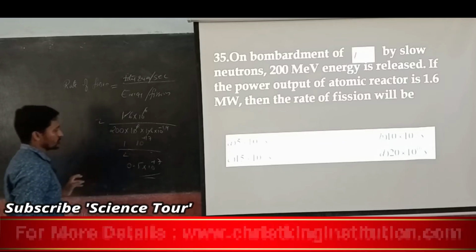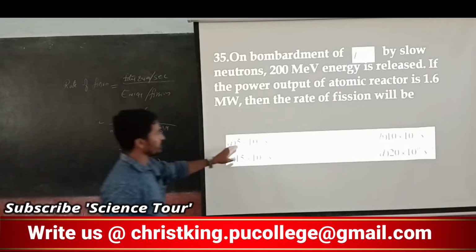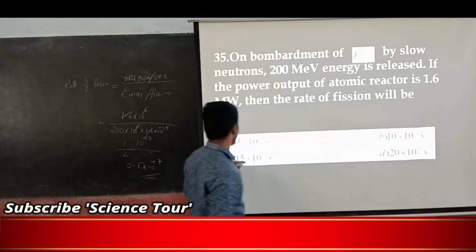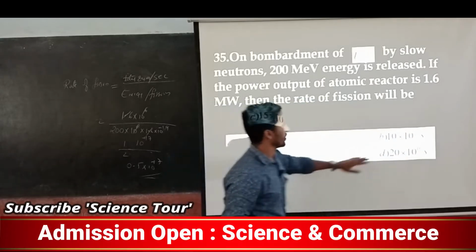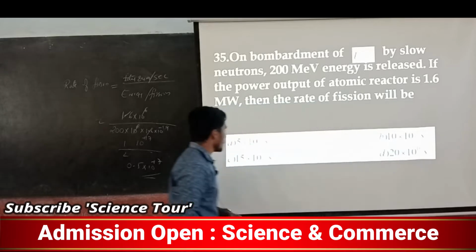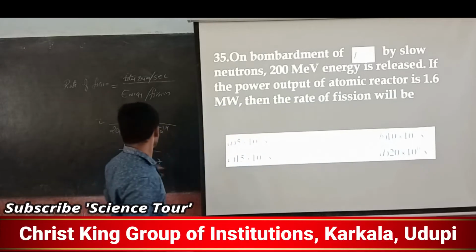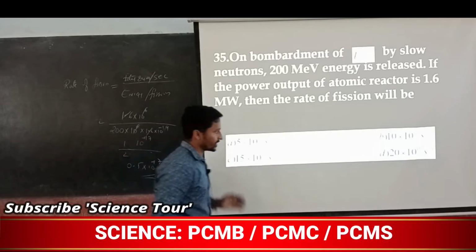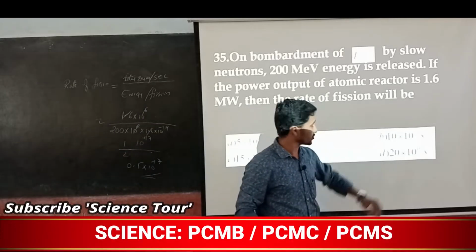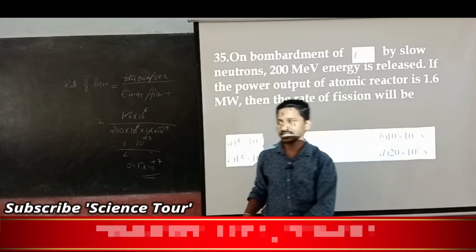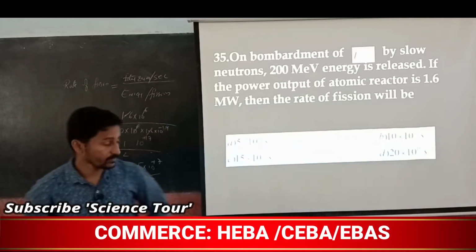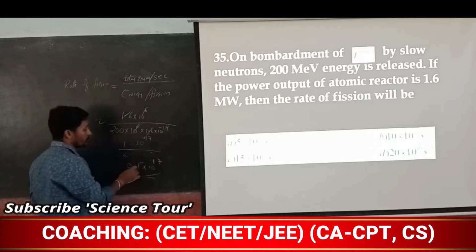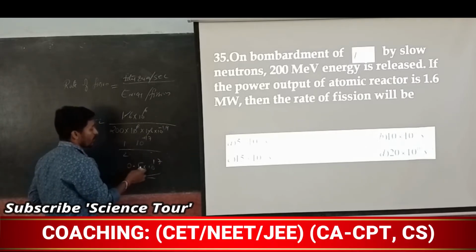Here the options given are 5 into 10 to the power 16, 10 into 10 to the power 16, 15 into 10 to the power 16, 20 into 10 to the power 16. Very easy for us. It must be in terms of 5, so 15 into 10 to the power 16, 20 into 10 to the power 16, 10 into 10 to the power 16 per second is not the answer.